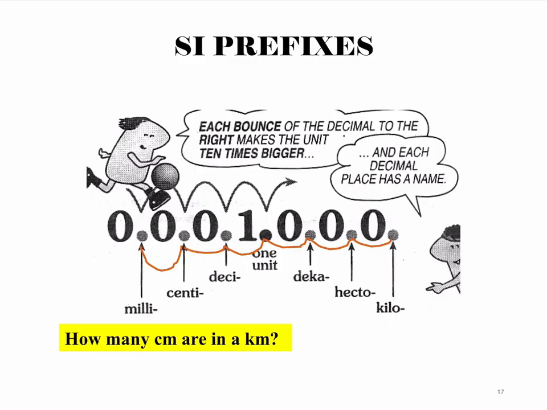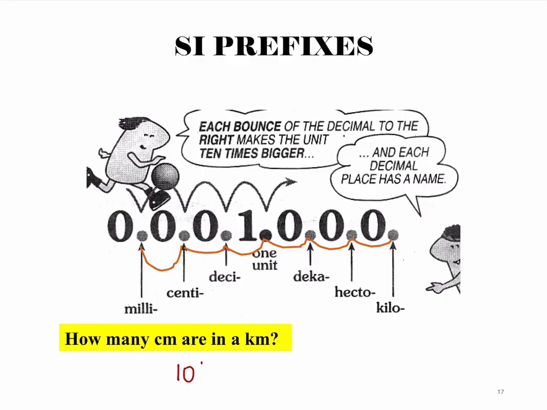by 10, right? And so if you ask yourself, how many centimeters are there going to be in a kilometer? If we start with this 1 meter unit here, and we know a kilometer is 1,000 of those, we need to move it the same amount of decimal places until we reach centi. That's 1, 2, 3, 4, 5 places over, which means we have effectively divided it by 10 to the 5.